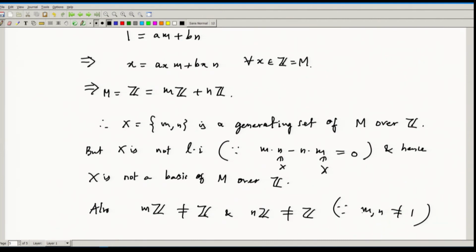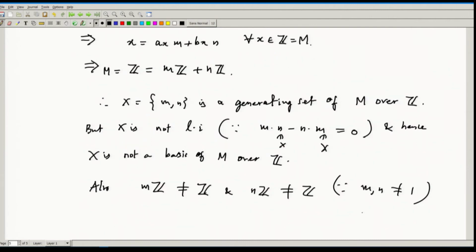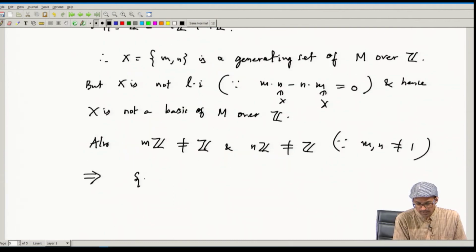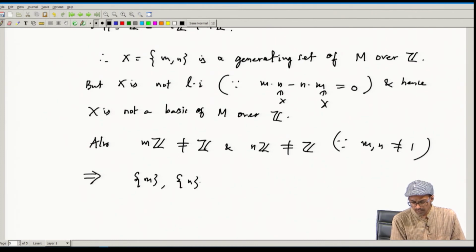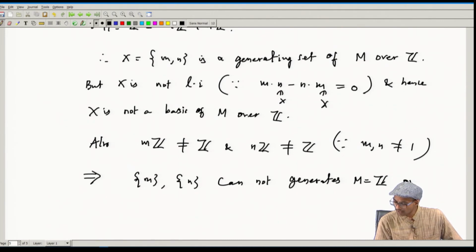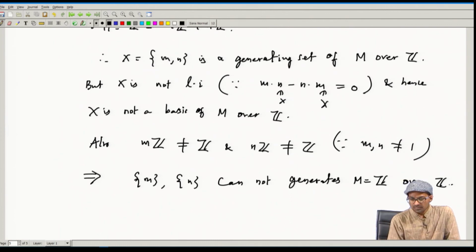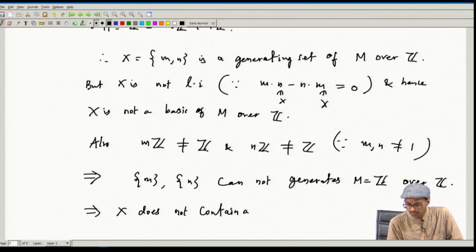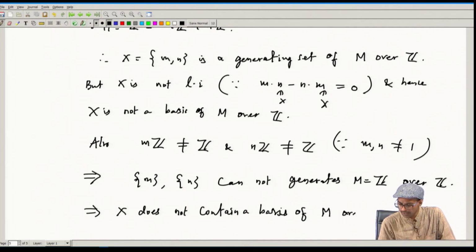Once they are non-units, the ideal generated by m is not equal to Z, and the ideal generated by n is also not equal to Z. So that means that singleton set {m} and singleton set {n} cannot generate M, M means Z, over the ring Z. Therefore this does not generate Z. That means that X does not contain a basis of M over Z.